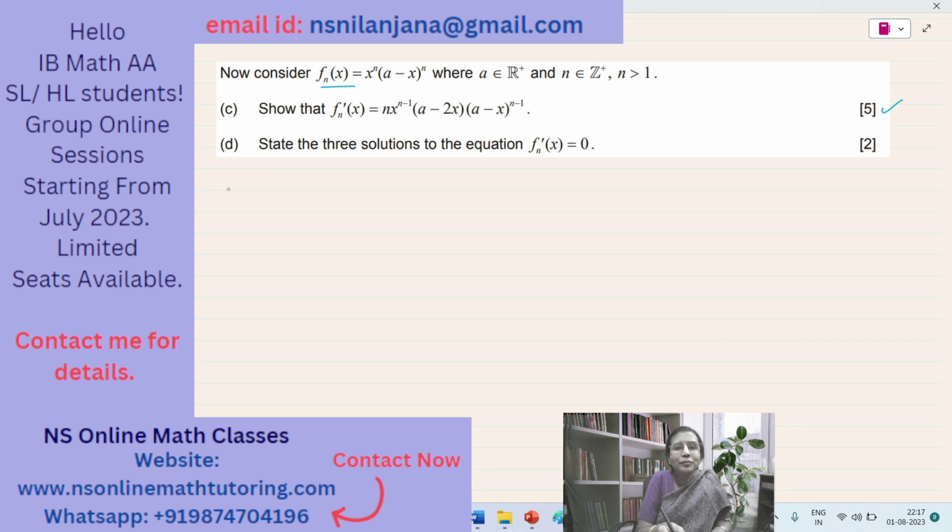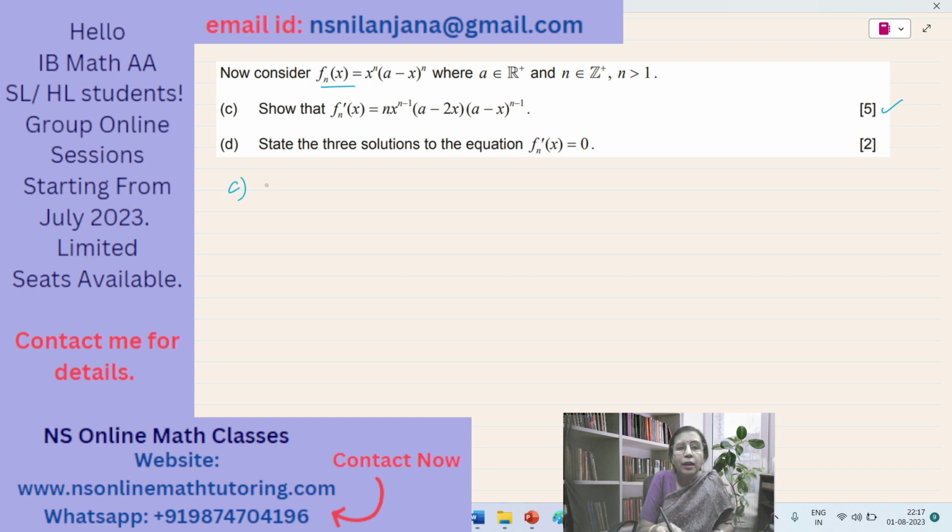I think you should be getting these 5 marks because it's just the first derivative. You will be using the product rule. Simple.